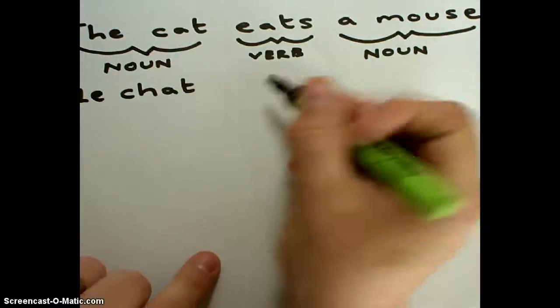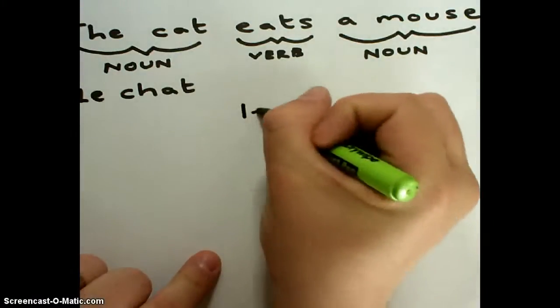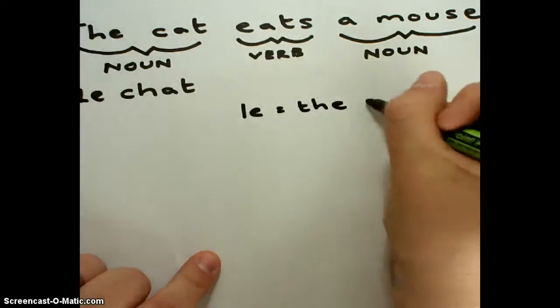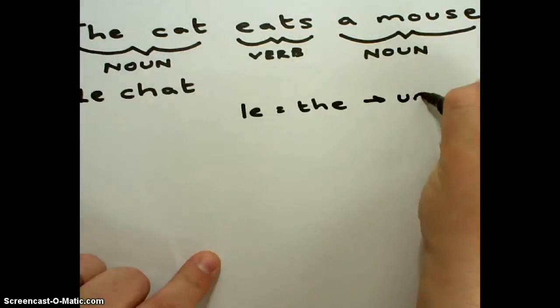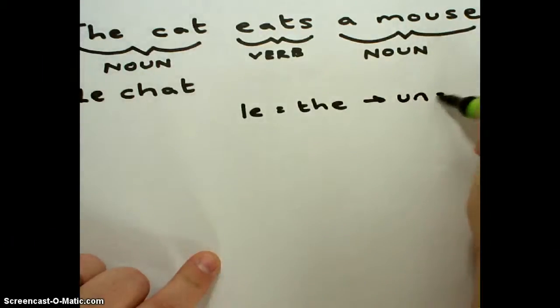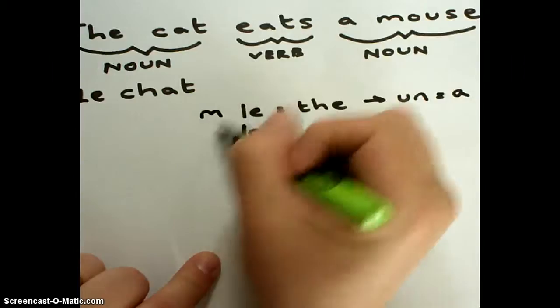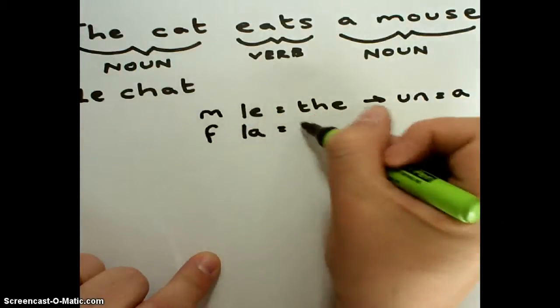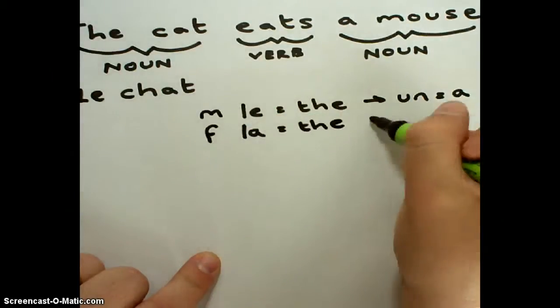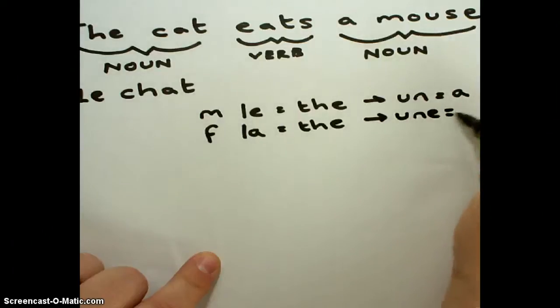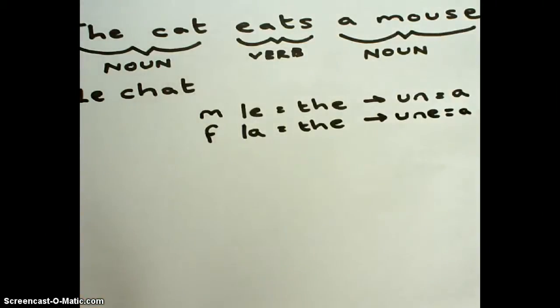If you have a le, which means the, it changes to un when we want to say a. If we have a la word, the feminine words, this is masculine and feminine. La is the word for the. When it comes to a, the word we choose to use is une. Now we know that, let's go and have a look back at our word for mouse.